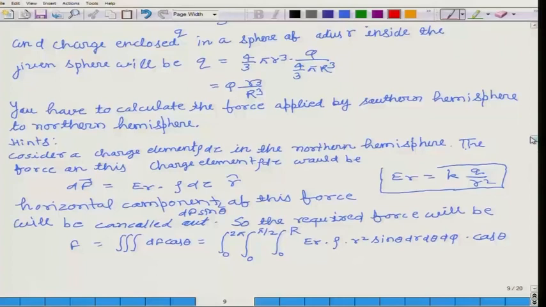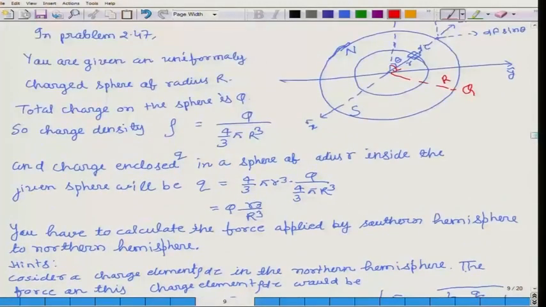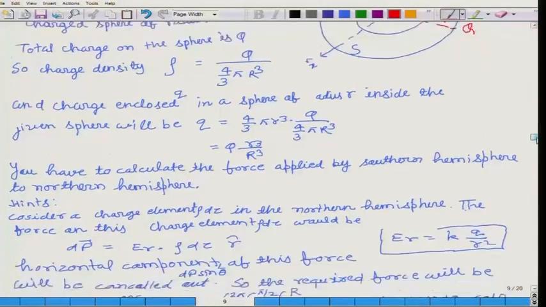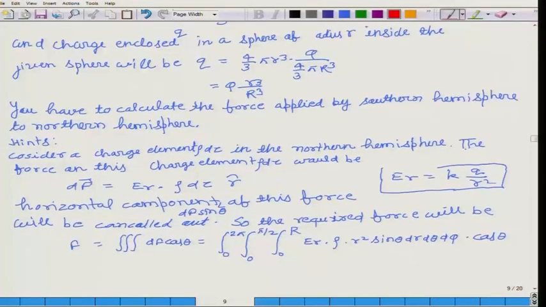As you already know, the electric field at this point, which is called P, at which we are calculating the force, will be equal to k q over r square, where q is the charge enclosed by the sphere of radius r.